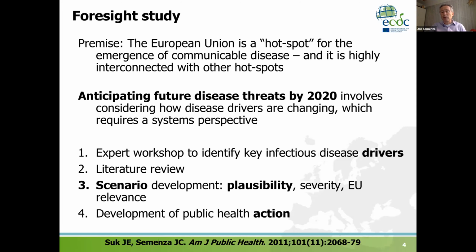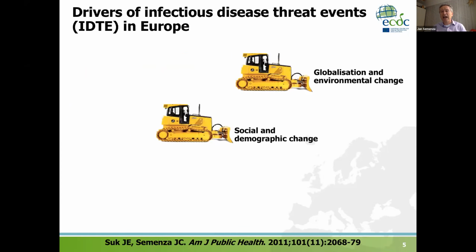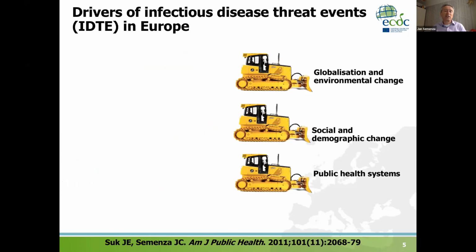And we came up with a list of drivers that we grouped into 3 categories, here illustrated: globalization and environmental change, social demographic change, and public health system. And within those 3 categories, there are obviously a number of other drivers.